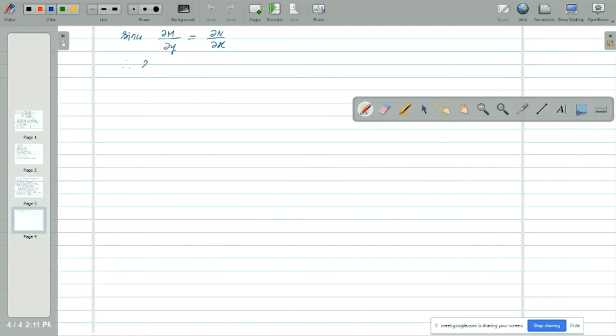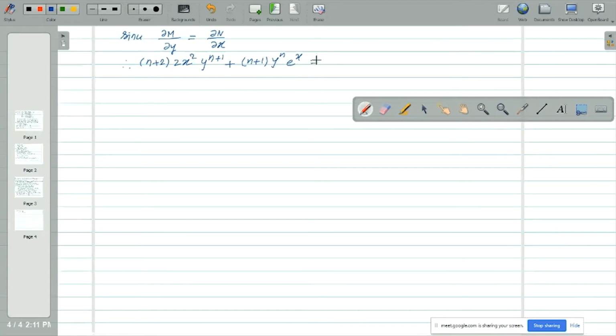It is (n plus 2) times 2x square y raised to n plus 1, then plus (n plus 1) y raised to n e raised to x.